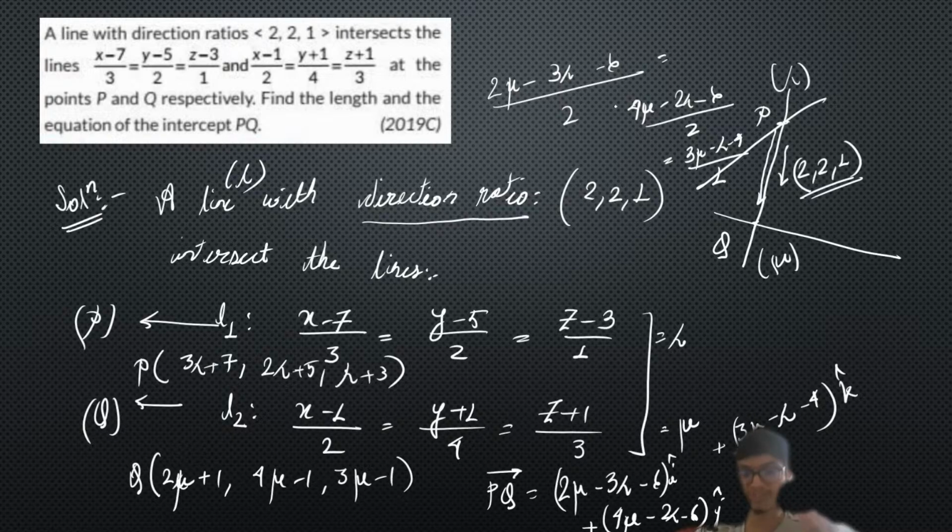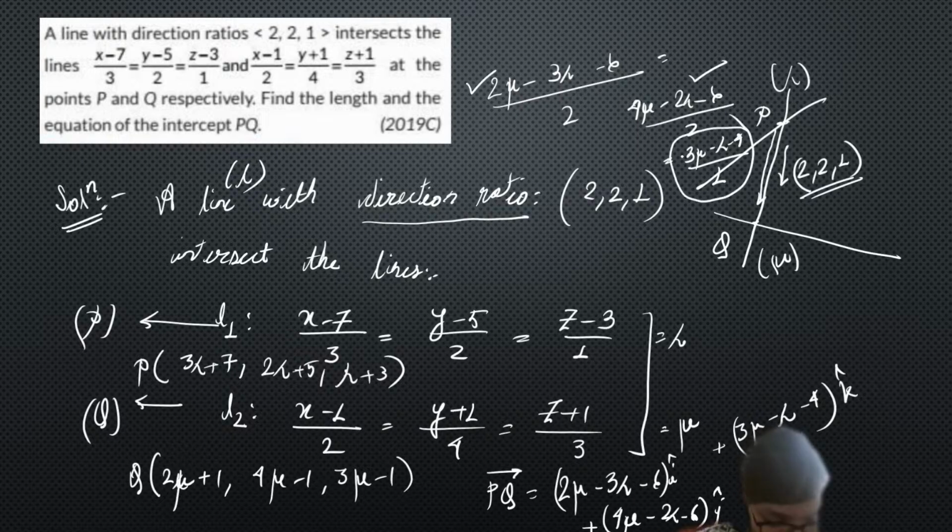Let us consider all these ratios to be the same, so we just need to solve any two of these equations. We have two unknowns, so solve the first two parts of the ratio and put the values of lambda and mu in the second part. You are definitely going to get the relation, and if it is satisfied, you will get a closed form solution.